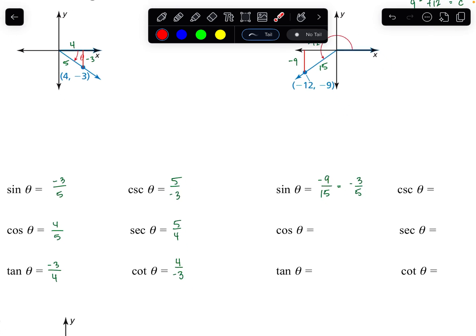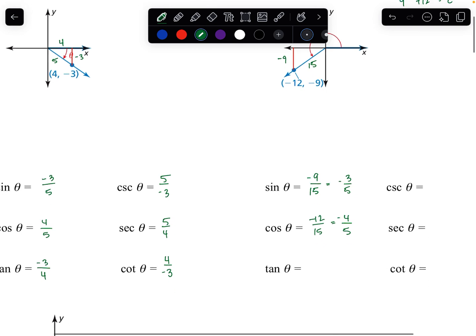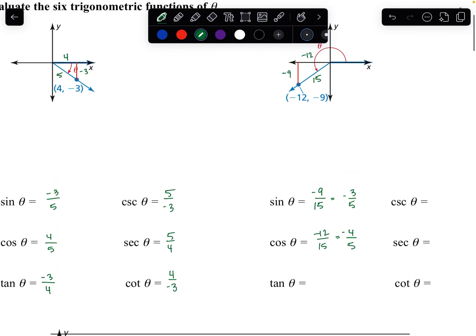Cosine is equal to -12/15, which can be reduced since they're both divisible by 3 to -4/5. Then tangent is equal to -9/-12, which is equal to 3 over 4.